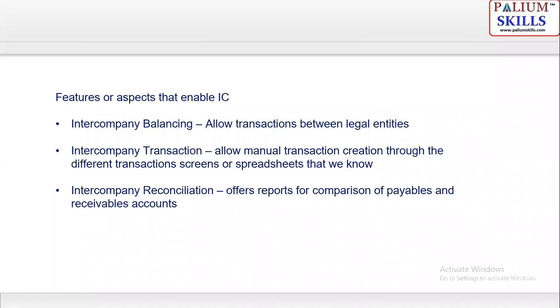Intercompany transactions, you can do manual transaction creation through the different transaction screens or spreadsheets. Manually, you can always do. The system also does this automatically based on your setup. Intercompany reconciliation: there are reports that help you compare the payables and the receivables accounts.